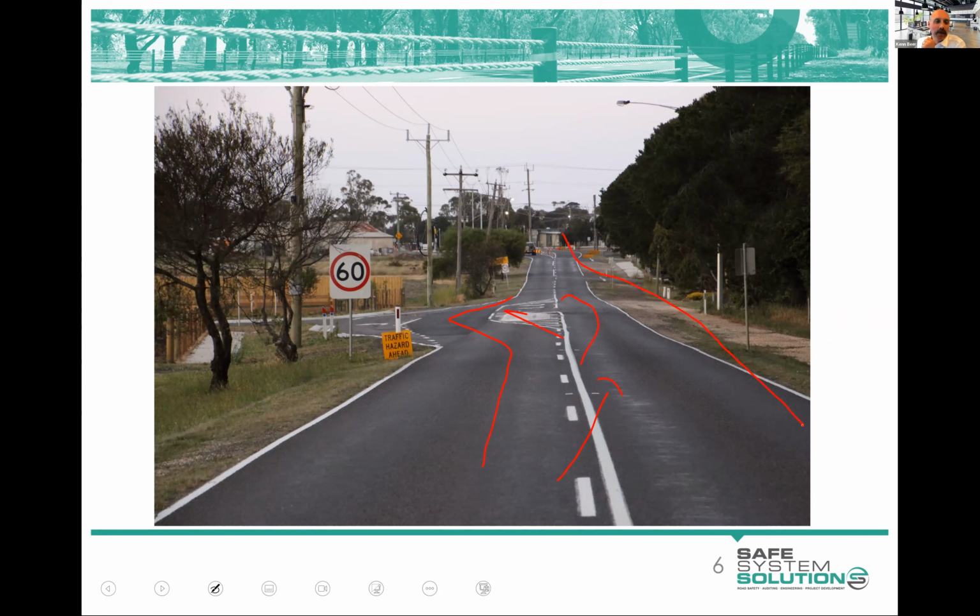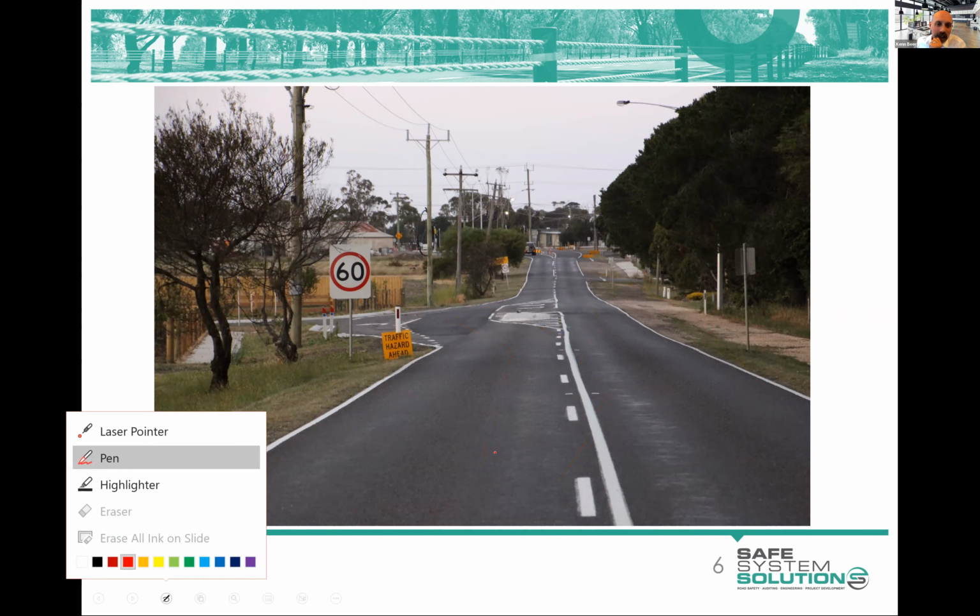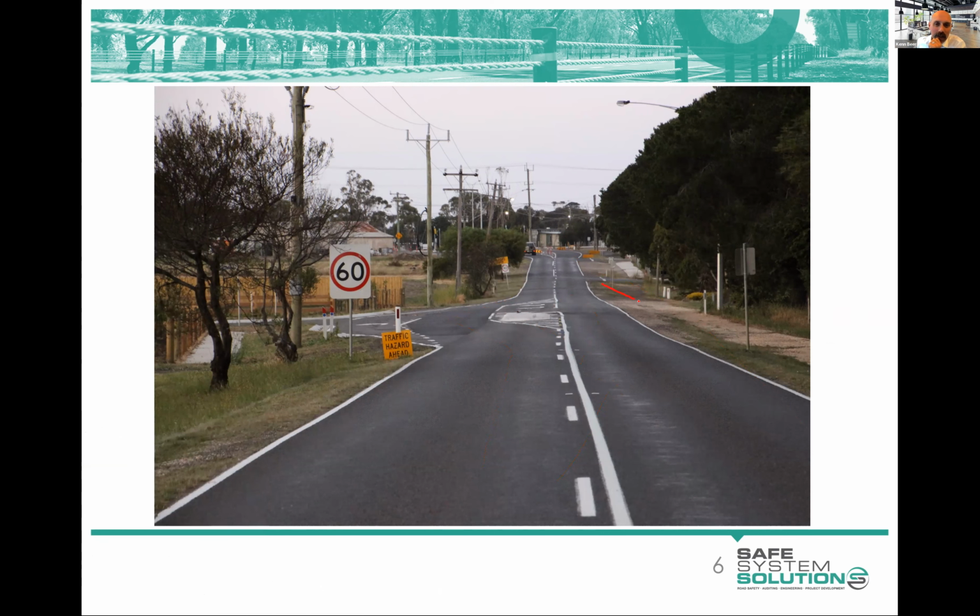Well, I think some of you have probably pieced this together if you play in this space a bit, but the road's got services running along here under the ground, and to be able to widen into this side is going to be an expensive exercise.